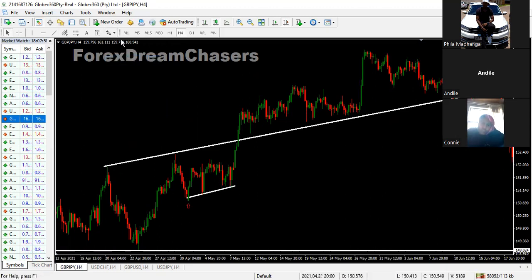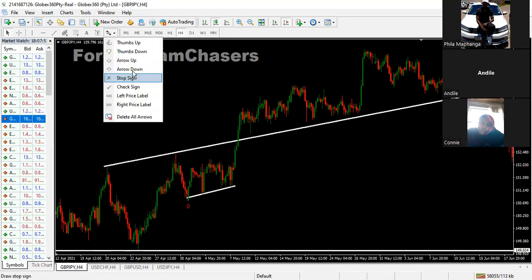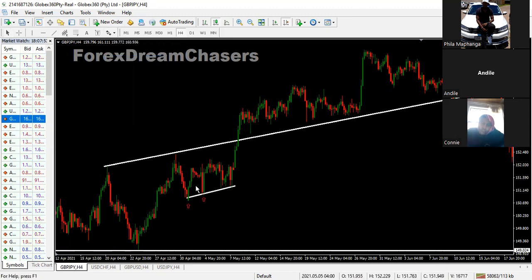First time, second time, third time, fourth time. The chances are very slim for the price to hold here when you have a trend line below. Do you understand that?